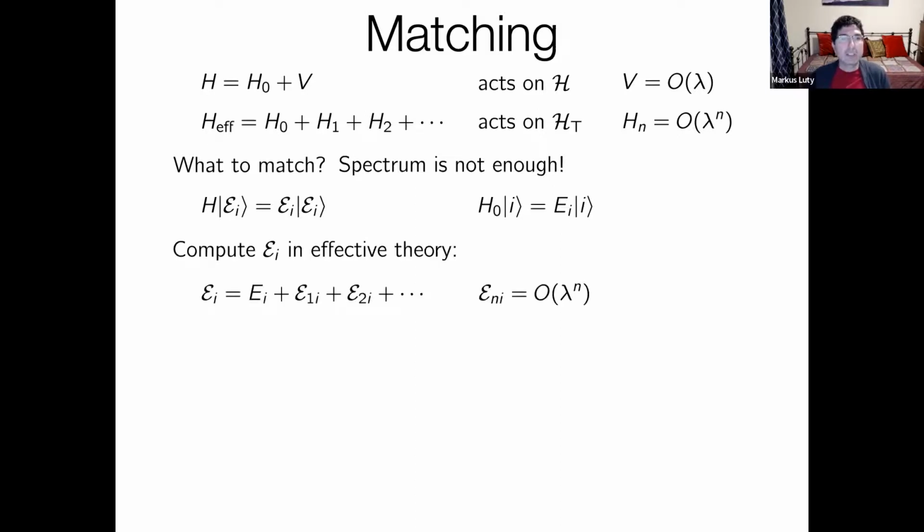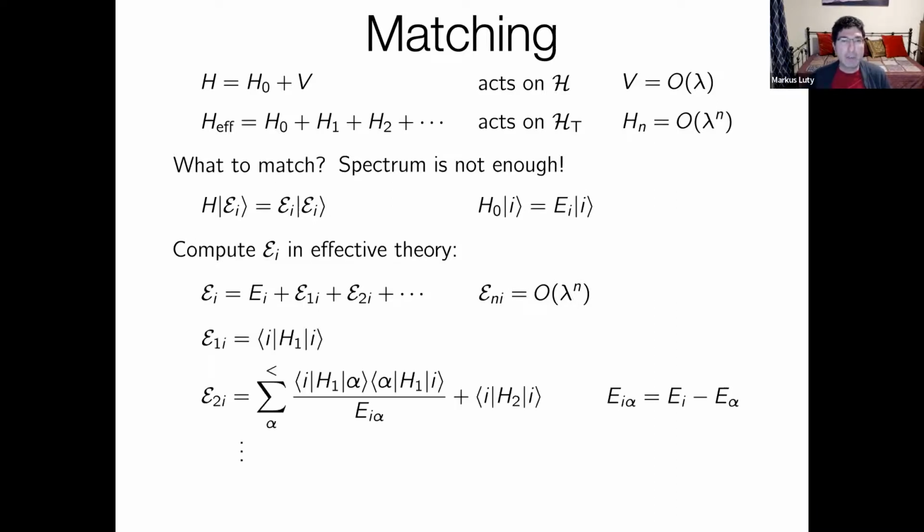Now let's just compute this E sub I in the effective theory, in perturbation theory, in this expansion in powers of lambda. This is something you all do in introductory quantum mechanics. The first few terms are written here. This is just eigenvalue perturbation theory. What I want you to notice is that in matching we want to determine the matrix H1, for example, by knowing what these quantities are by matching to the full theory.